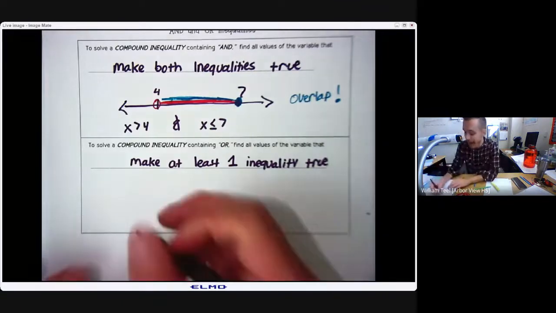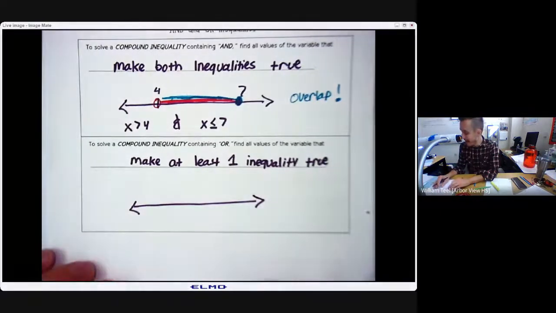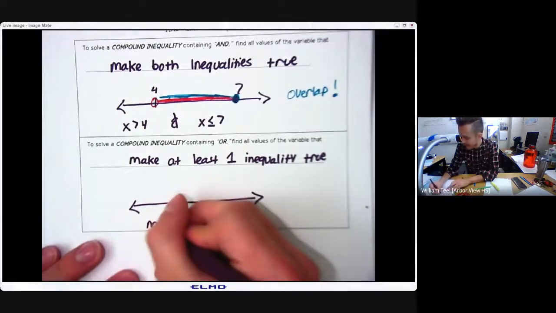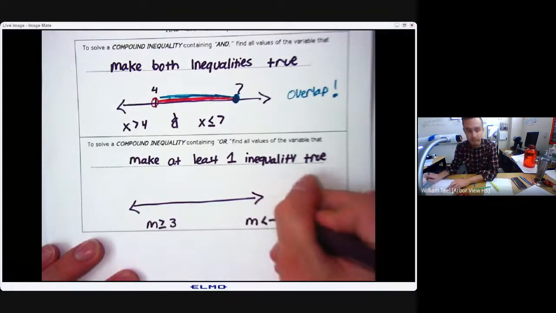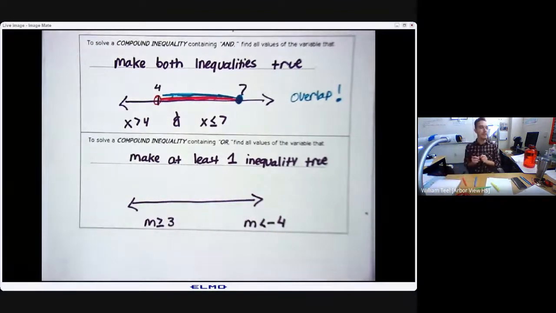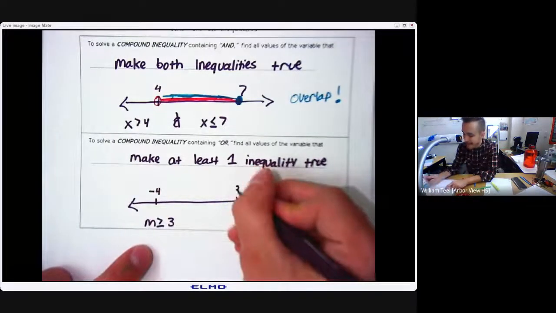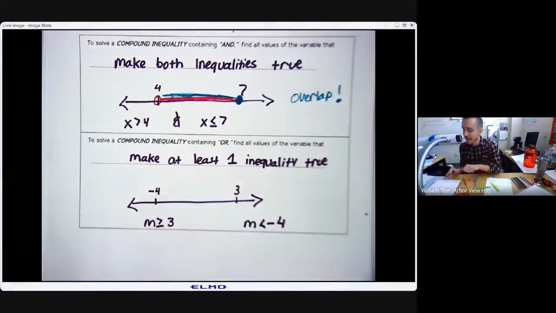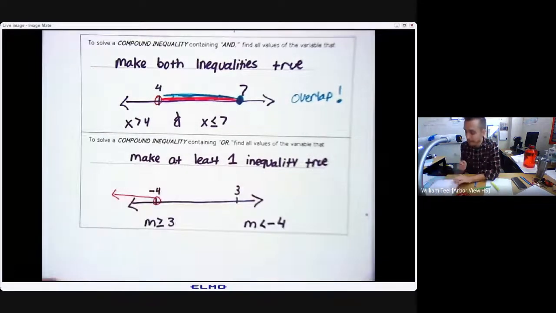So if you have a graph of an or inequality, let's say we have m is greater than or equal to 3 and m is less than negative 4. If we have those two inequalities, here's the deal. Let's say we have negative 4 right here. Let's say we have positive 3 right here. If I'm looking at all of the values that are less than negative 4, that's going to be anything to the left of negative 4.